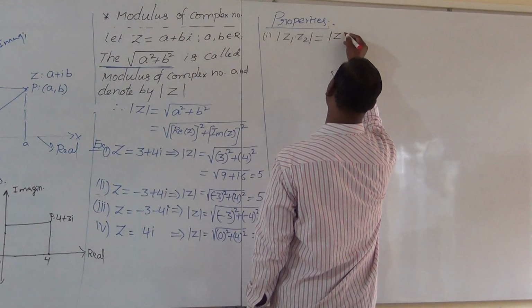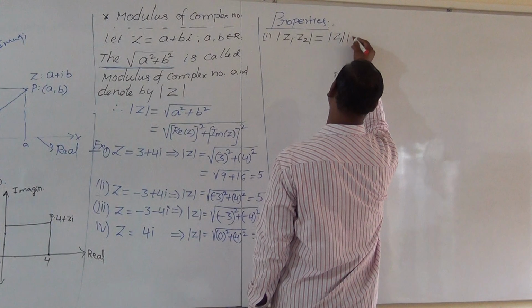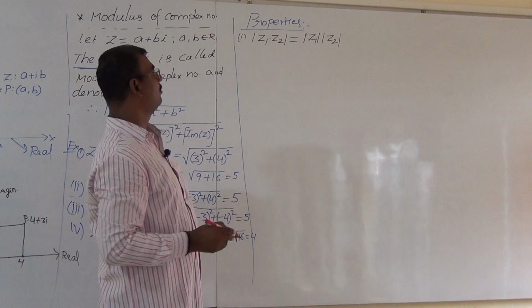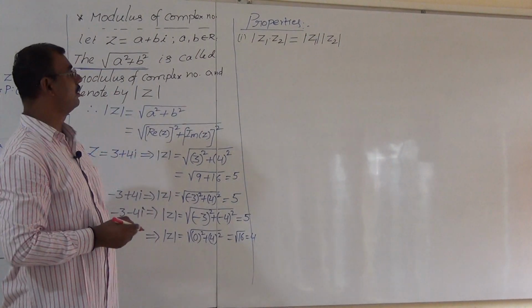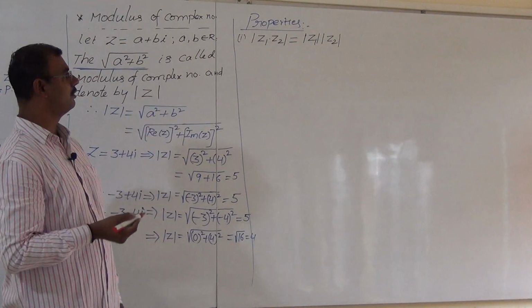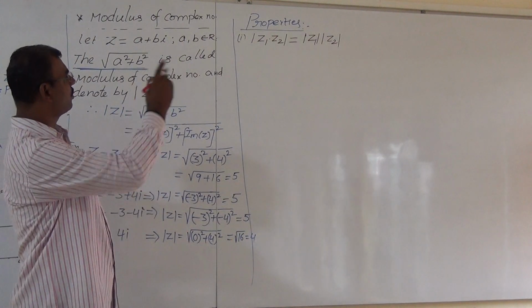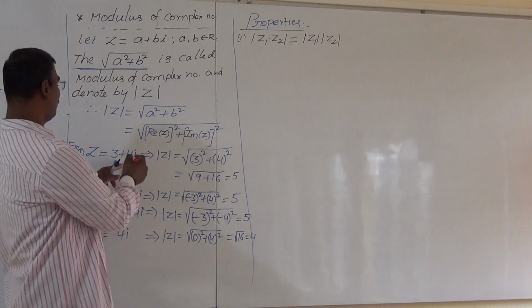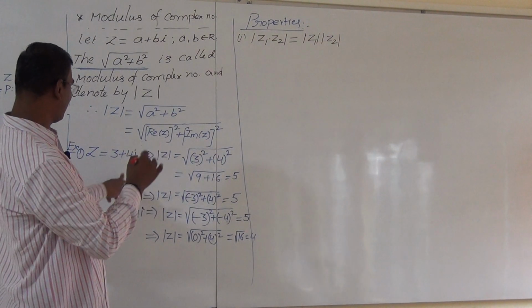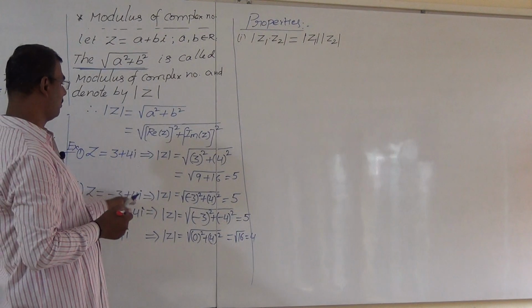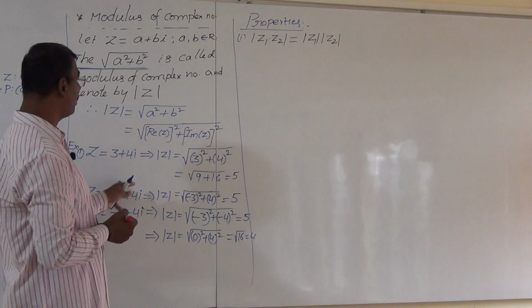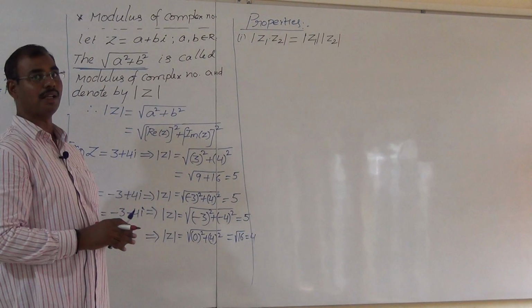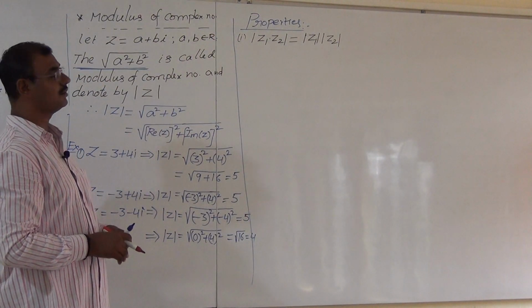So remember all of you, mod of z1 into z2 is equal to mod of z1 into mod of z2. It is a true statement everywhere. Take any numbers, say 3 plus 4i and minus 3 plus 4i, multiply them and find the modulus, and next find mod of z1 and mod of z2 separately. We get the equal answer. LHS is equal to RHS.